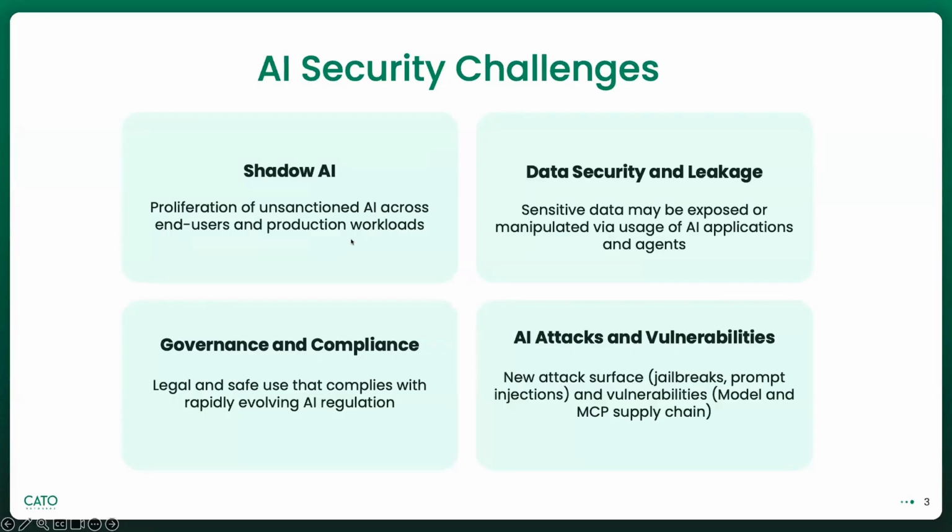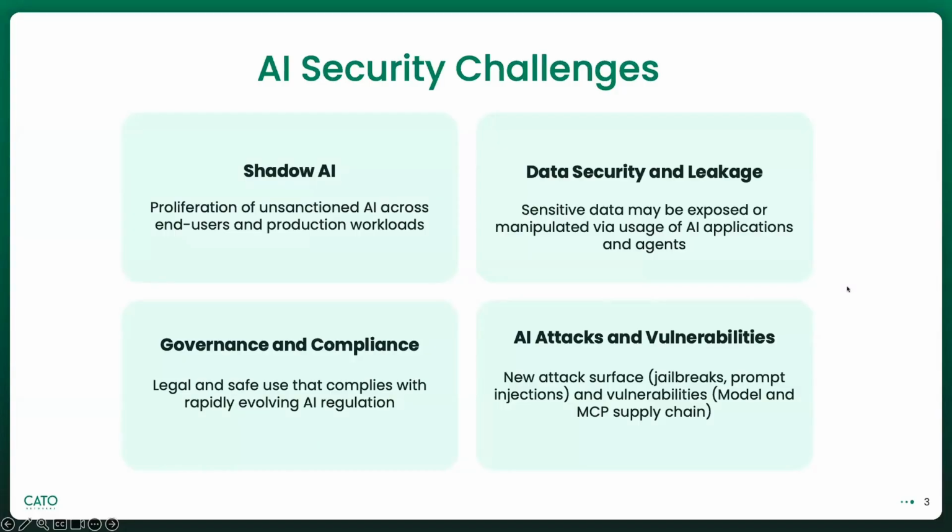But the governance world is keeping up, and compliance is keeping up. We have compliance frameworks such as the EU AI Act, which attempts to regulate AI usage in a safe and compliant way. And there are also the compliance regulations regarding sensitive data that apply here as well, things like PCI DSS and HIPAA.